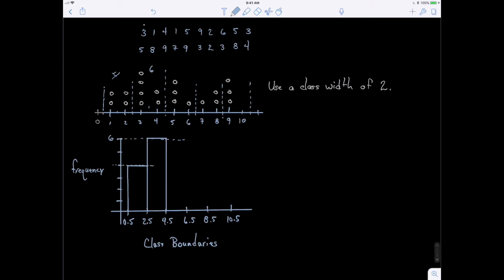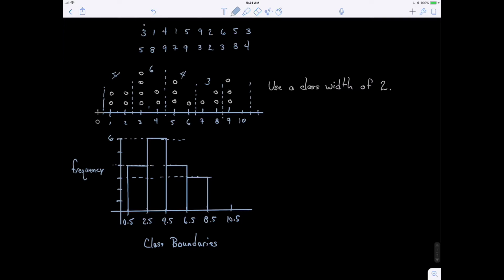Our next group, we have 4. So this one's going to be the same height as the first 4. So let's come up here and across. And then our next group looks like we have 3. So we'll have a height here of 3. Go up and across.